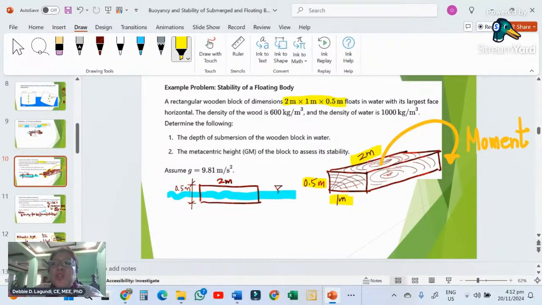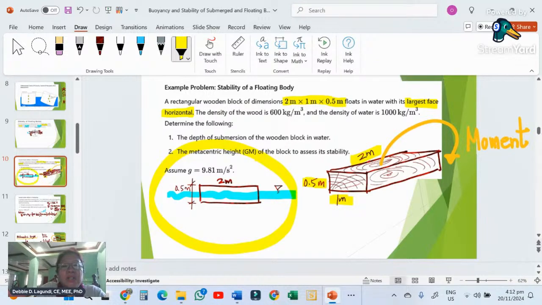It floats in water with its largest face horizontal. The density of the wood is 600 kilograms per cubic meter, and the density of the water is 1000 kilograms per cubic meter, which is always given for fresh water.